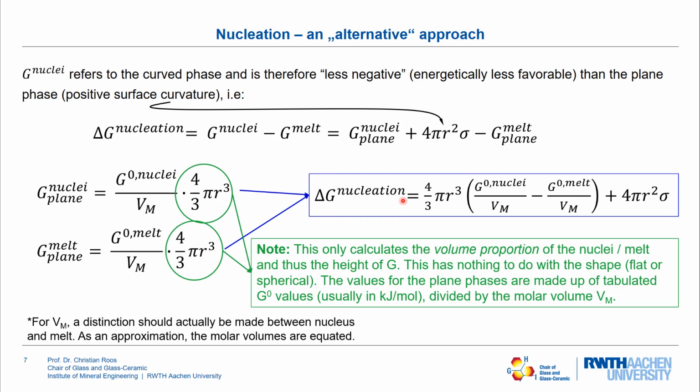So the free enthalpy of nucleation is the volume of the nuclei and of the melt, which are certainly equal if we consider the same molar volume, which is an approximation, but here in our case it's acceptable. So we have the volume times the standard free enthalpy of the nuclei divided by its molar volume minus the standard free enthalpy of the melt divided by its molar volume plus, as I said, the energetical penalty of the curved surface of the nuclei, 4πr² times surface tension.